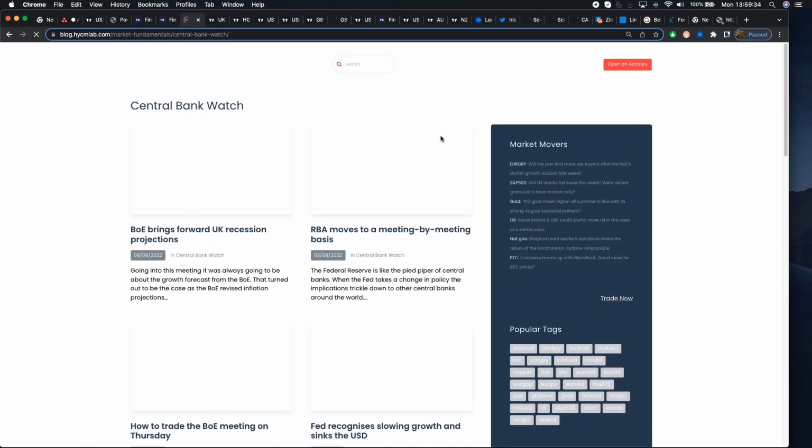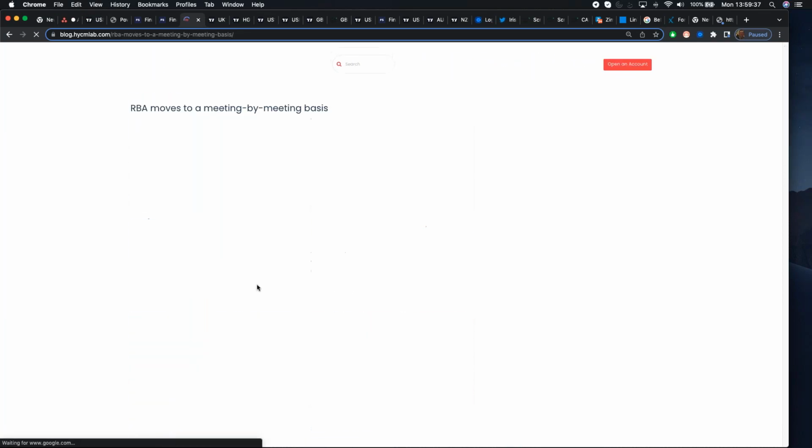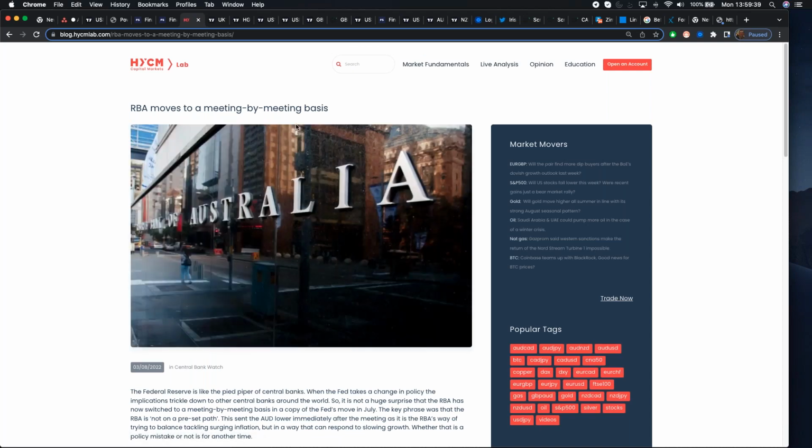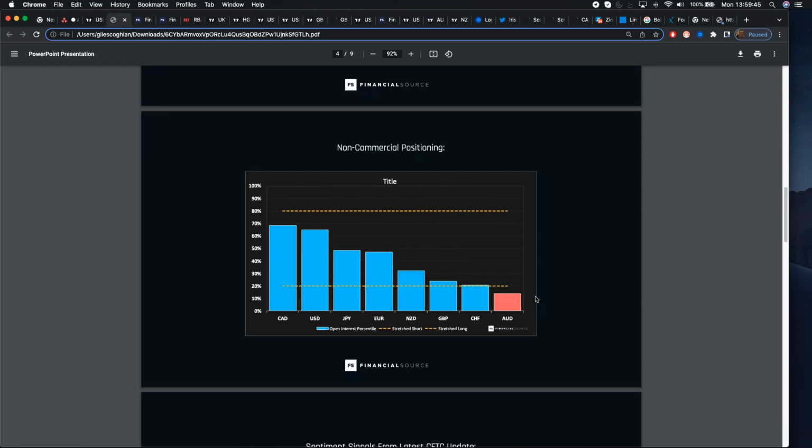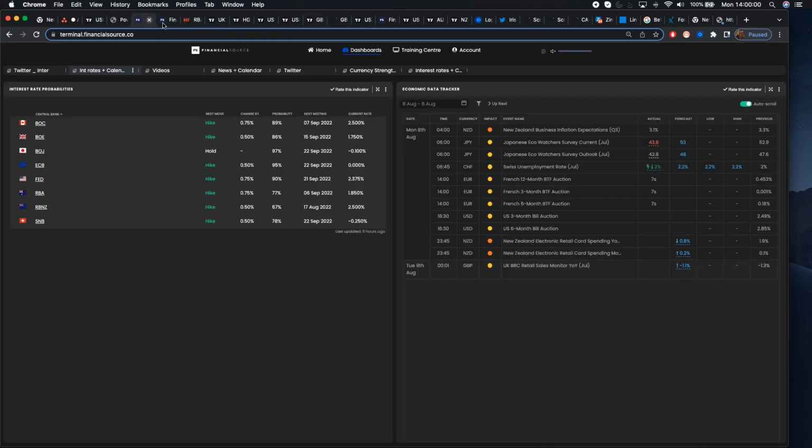Great question, Massey. So the RBA, they've moved to a meeting by meeting basis. We're also seeing shorts very stretched in the Australian dollar. So the outlook is that the Aussie's been quite heavily sold. So could we see a retracement in the Australian dollar? Well, yeah, we could potentially.